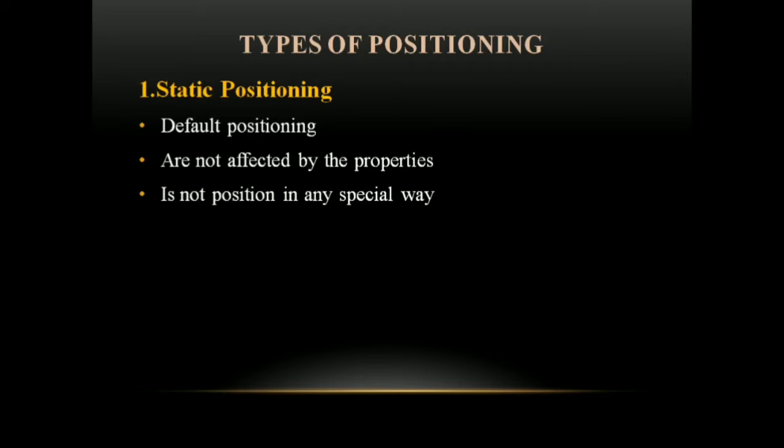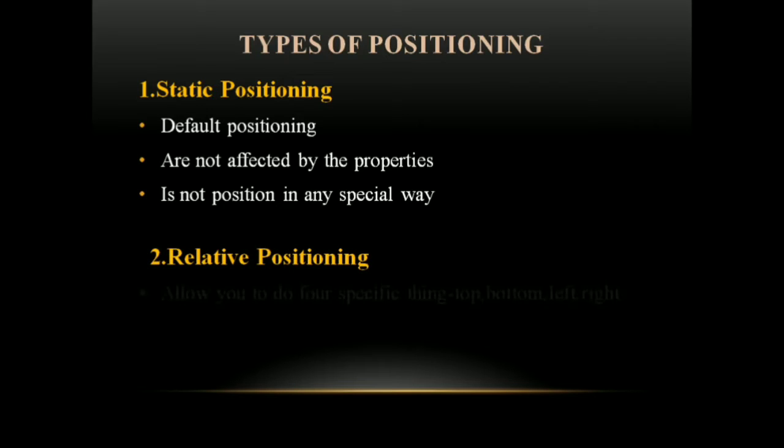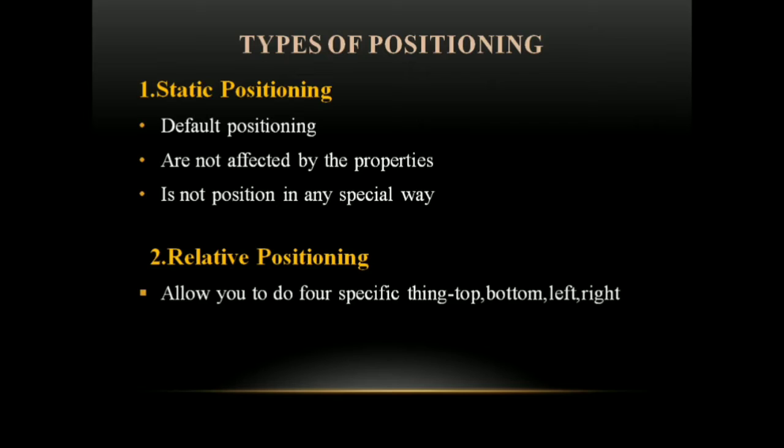The next type is relative positioning. It acts exactly like static positioning, but it allows you to do four specific things that static positioning does not, and that is top, bottom, left and right positioning. Means you have to give values for these properties like top, bottom, left and right.